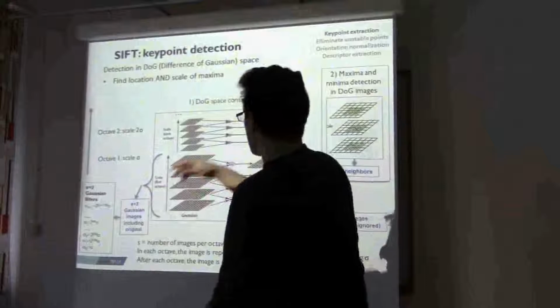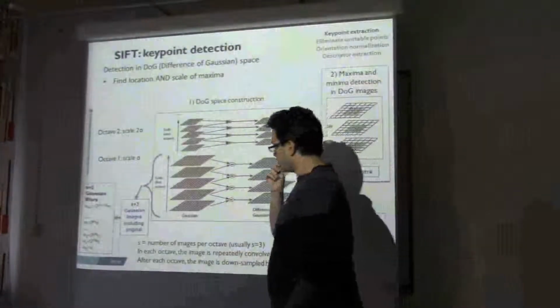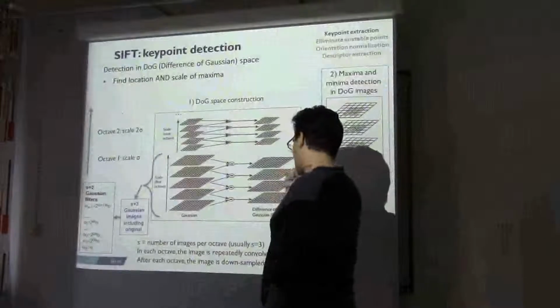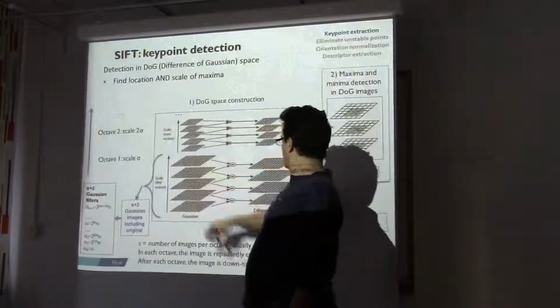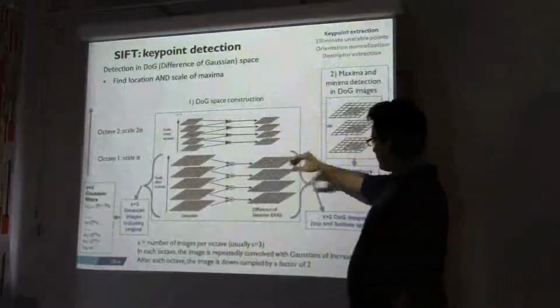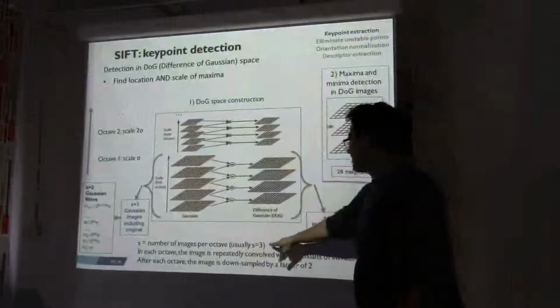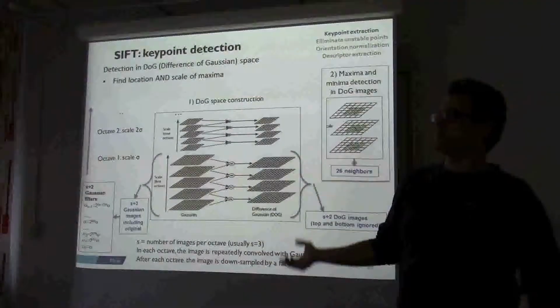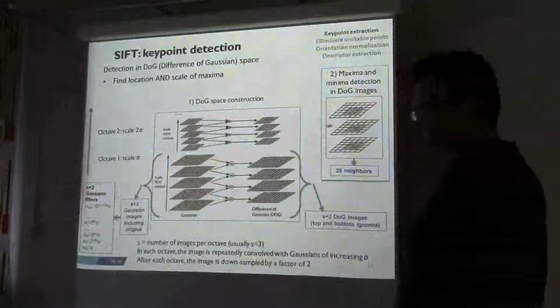These are the parameters that are used. You usually have here 5 Gaussian images, and 4, no, 5 here. These are the exact values of SIFT based on the optimization that the author of the method did in the paper.